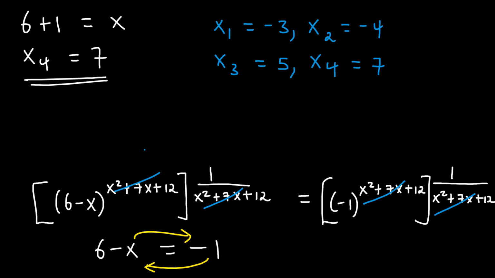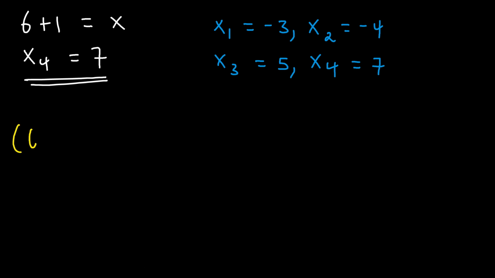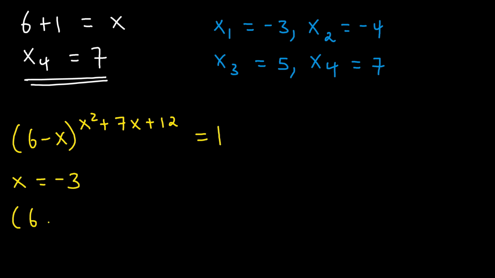Now let's check and see if our answers are correct. Our equation was (6 minus x) raised to the power of x squared plus 7x plus 12, and this was equal to 1. If we put in x equals to negative 3, we shall have (6 minus negative 3) raised to the power of negative 3 squared plus 7 times negative 3 and then plus 12, and this should be equal to 1.